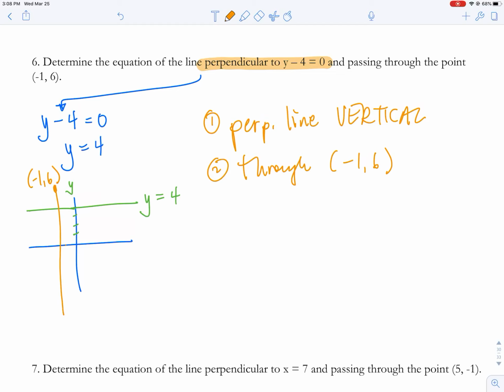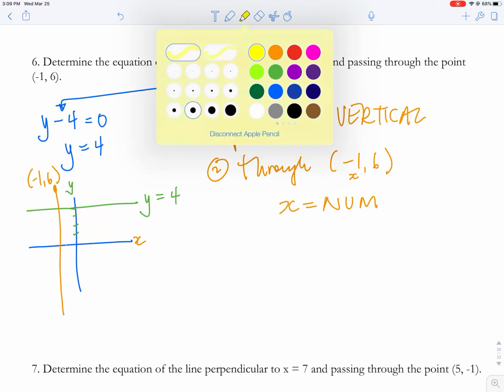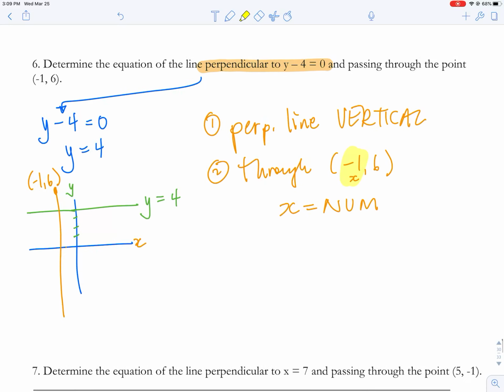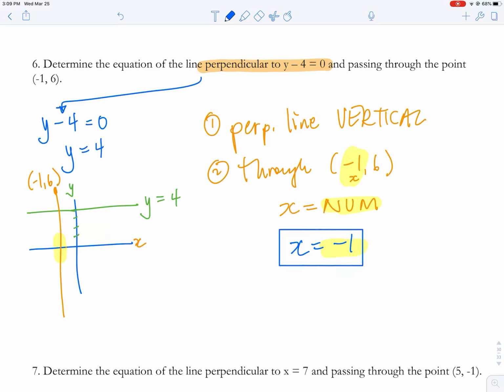A vertical line, or a line that crosses my x-axis, is going to be a line x equals some number. So we have to find out what our x value is, and either by looking at the graph or looking at the ordered pair, we can see that the x value we're going to put in for our number is x equals minus 1.